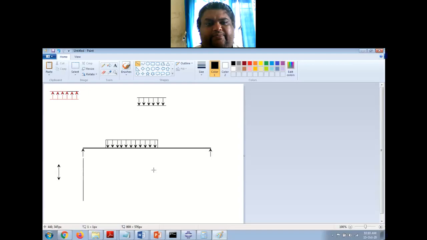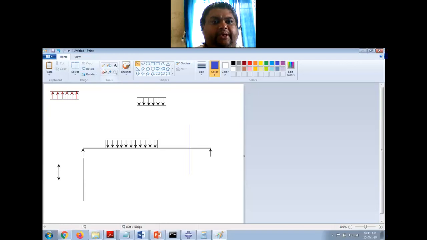This is my given numerical. This is 1 meter, this UDL is 40 kilonewton per meter, and this is the other end of the beam. Now I am taking a section XX somewhere like this. So this is the last section.